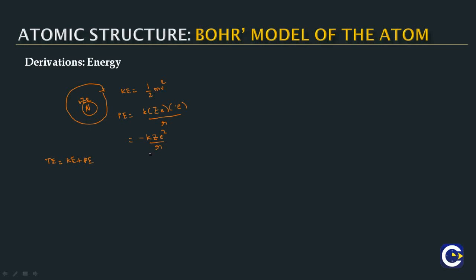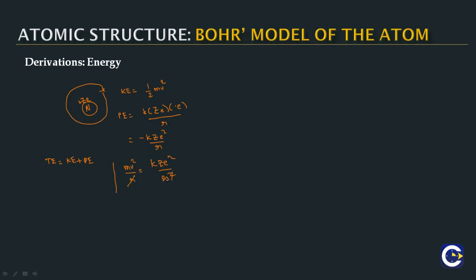Now when we look at the relation between kze square by r and mv square, we have already got the relation from the centripetal force balance equation. Centripetal force mv square by r is equal to kze square by r square. This relation we got in the radius derivation. Centripetal force acting on the electron to keep it in the circular orbit will be provided by the electrostatic force on the electron.